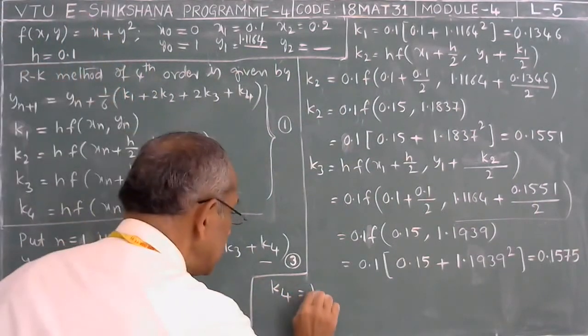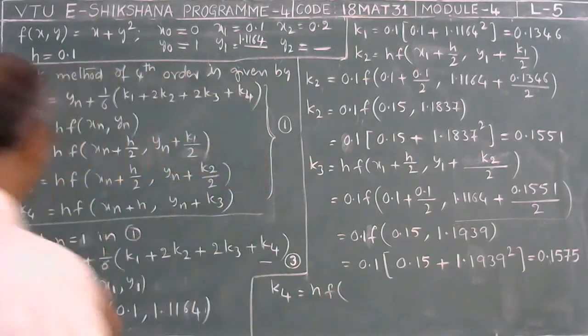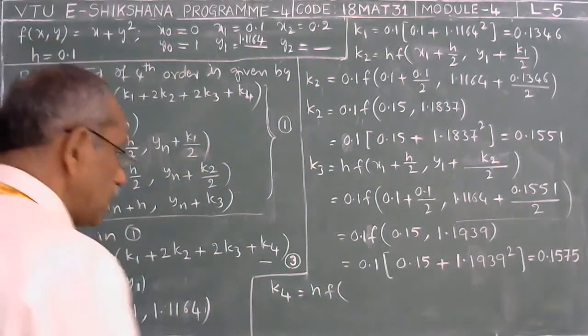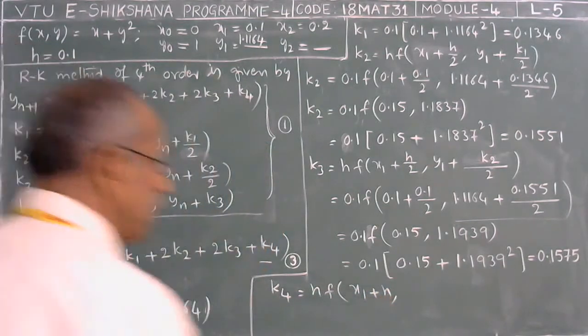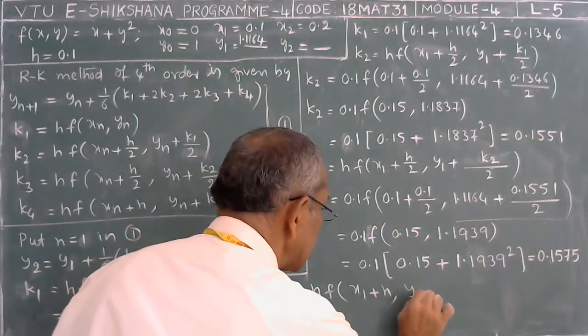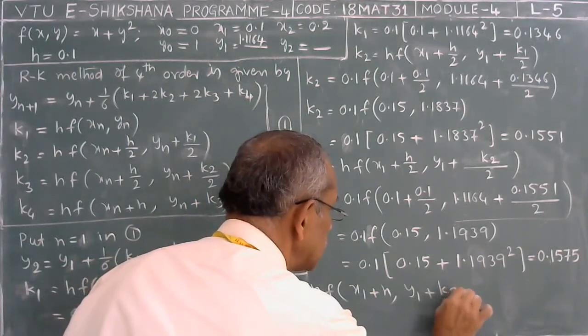Now the last value, K4, is h into f, when n is equal to 1, x1 plus h, comma, y1 plus k3.